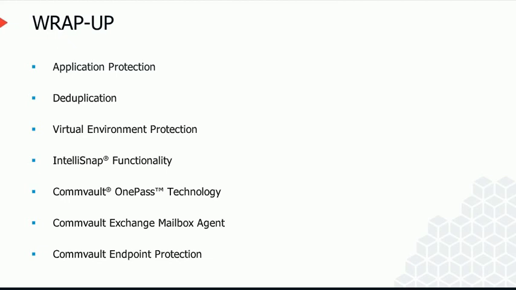Our advanced capabilities to protect virtualized environments with our virtual server agent, IntelliSnap functionality, which allows organizations to leverage hardware-based snapshots as a tool in an overall data management solution, CommVault OnePass functionality for file systems, which combines backup, archive, and reporting into a single process, the CommVault Exchange Mailbox Agent for message-level protection, archiving, and retention that is simple to manage and inherently scalable, as well as CommVault's capabilities in protecting remote user data with our CommVault endpoint protection technologies.